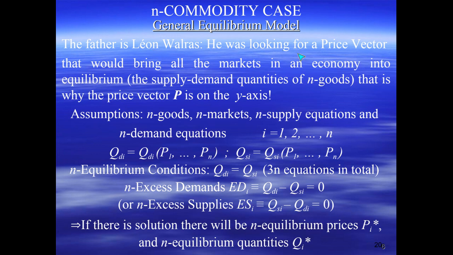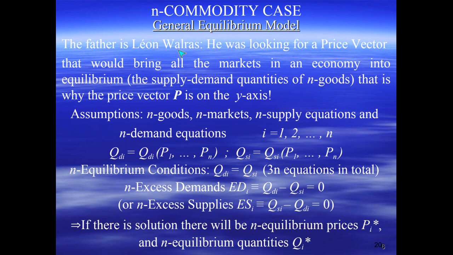In fact, his problem was that he was looking for a price vector that would bring all the markets in an economy into equilibrium, which means the supply and demand quantities of N goods should be equal. That is why the price vector P is on the y-axis. You know that in economics books, we put the price axis on the y-axis.